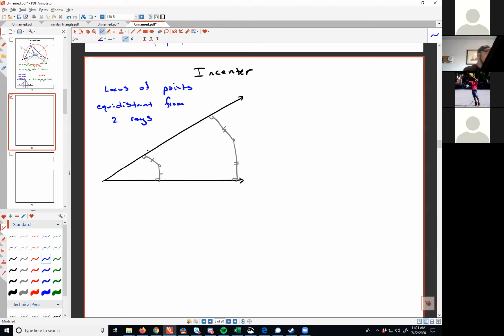So we have a conjecture. The conjecture is that this locus is the angle bisector, the points on the angle bisector. And if we have a point C right here, call this point P, and B and A are points on those rays.